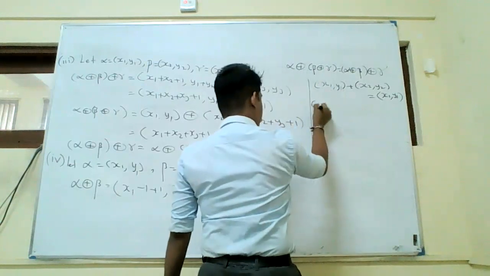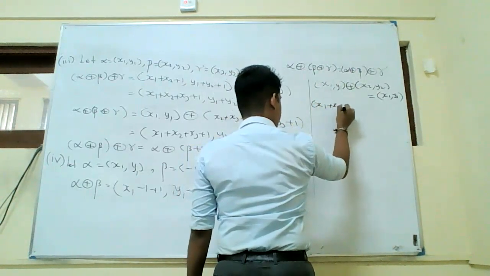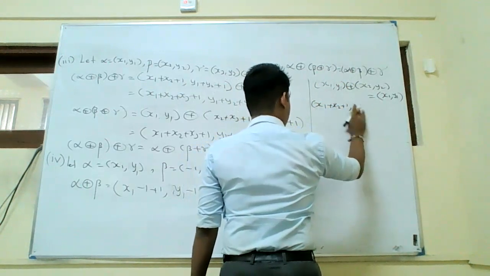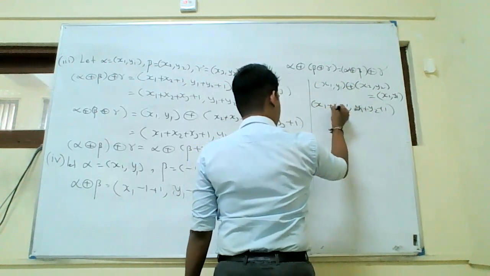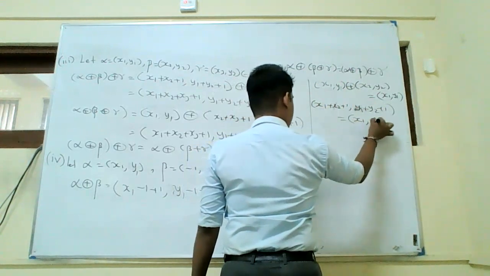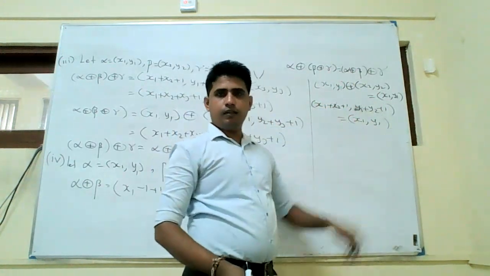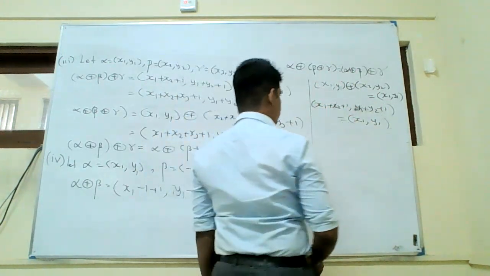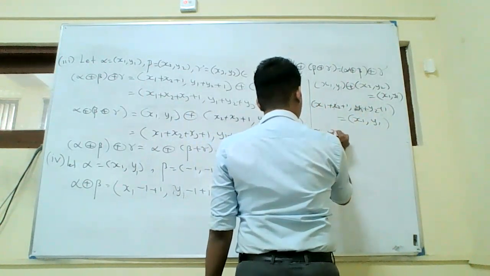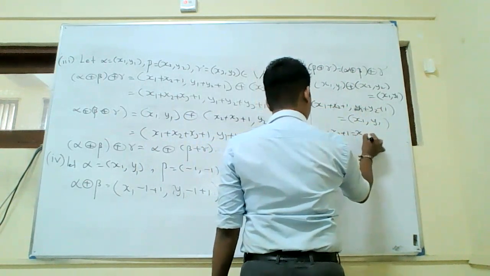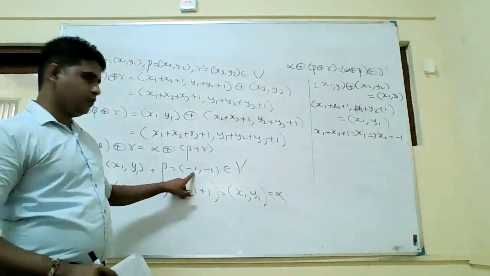So the vector addition is defined by (x1 plus x2 plus 1, y1 plus y2 plus 1), and this equals (x1, y1). Coordinate-wise, these elements are equal. From this we get the values of x2 and y2. x1 plus x2 plus 1 equals x1 means x2 is minus 1.